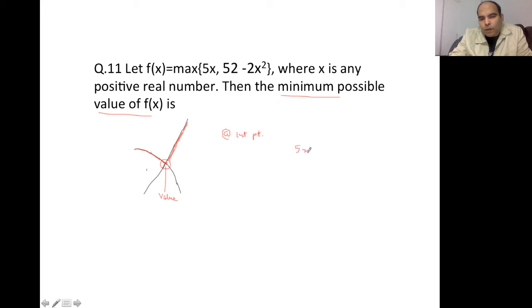So we equate 5x with 52 minus 2x squared. Once you equate the two, you will get a quadratic equation, which is 2x squared minus 5x plus 52 equals 0.